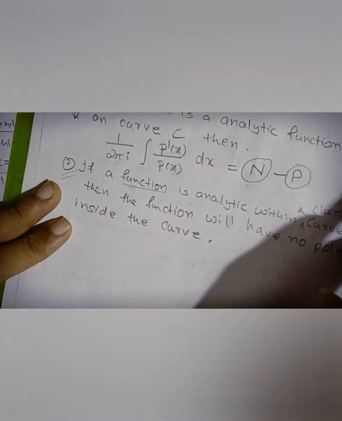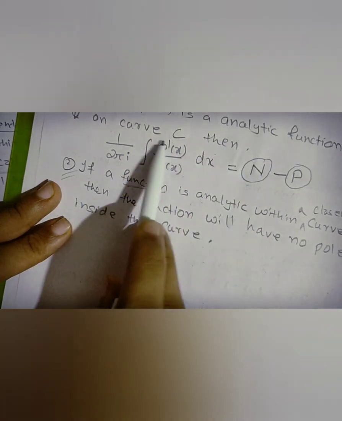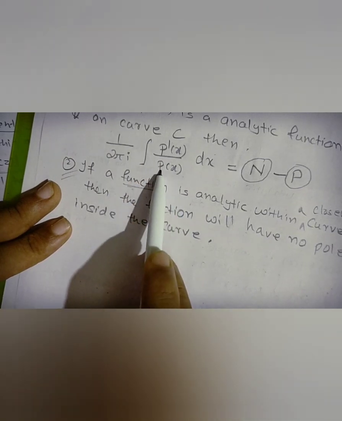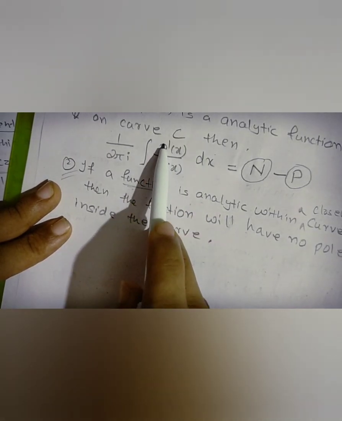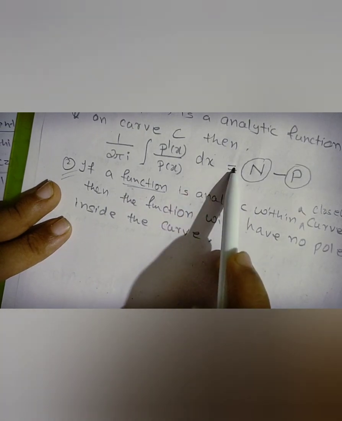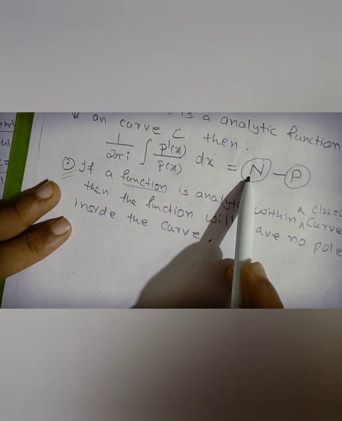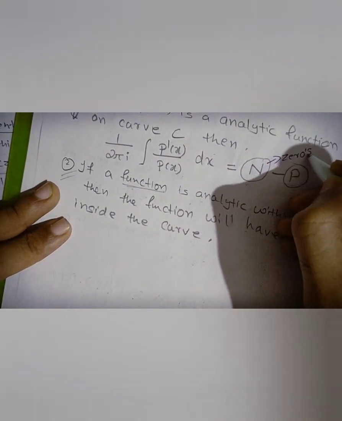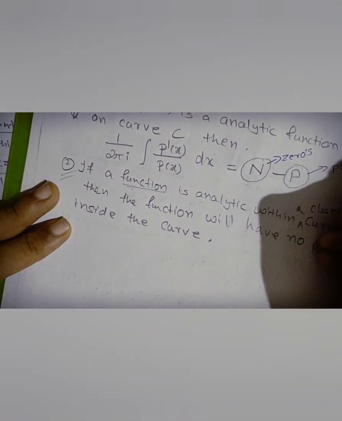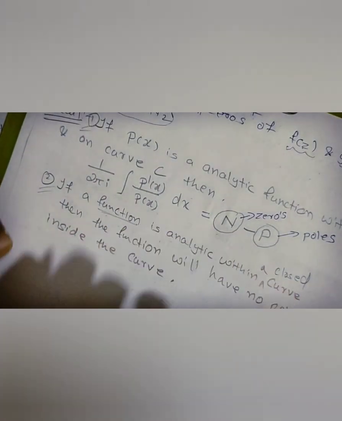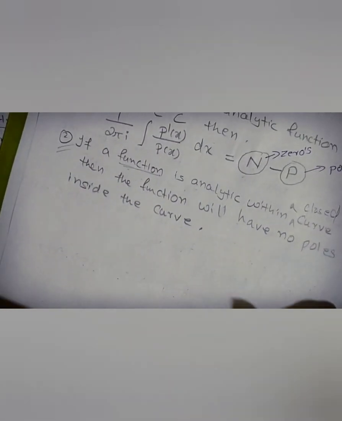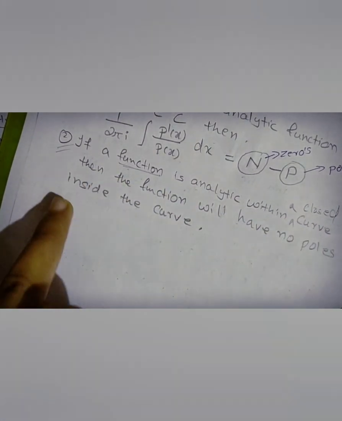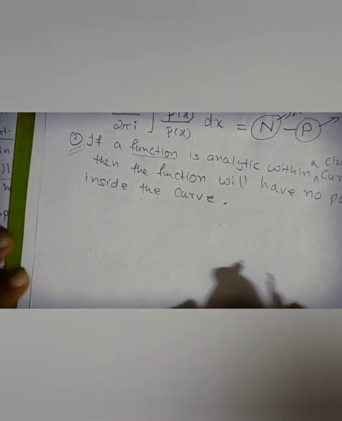If a function is analytic within and on the curve C, then 1 upon 2 pi i times the integration of p dash x over p of x dx will give me the value n minus p, where n is the number of zeros and p is the number of poles, right? And the other point to keep in mind is, if the function is analytic within a closed curve, then the function will have no poles inside the curve. Fine. So let's proceed further.